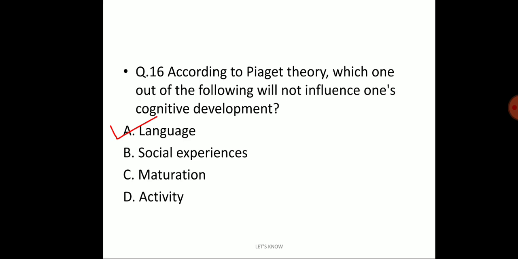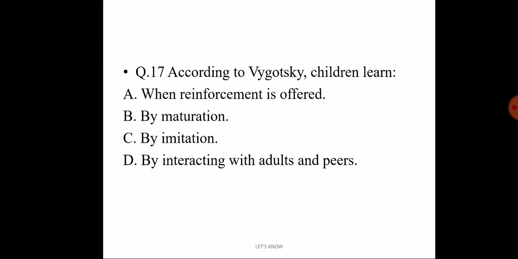Okay, clear? Next slide. According to Vygotsky, children learn... options are given: A, when reinforcement is offered, B, by maturation, C, by imitation, D, by interacting with adults and peers. Yes, we have already discussed in a previous video with various examples and illustrations what Vygotsky actually says.